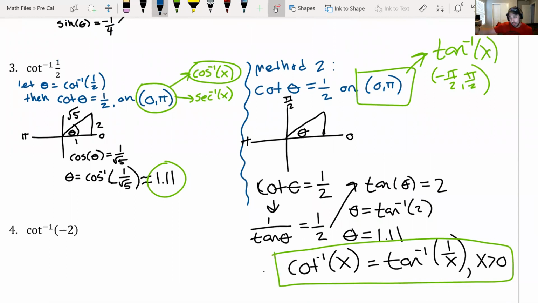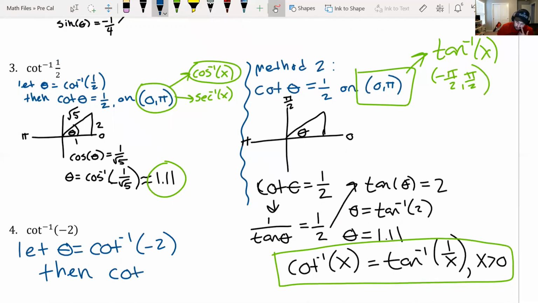The let part, the then part, you know how it goes. So let theta equal the inverse cotangent of -2. Then cotangent theta equals -2. Of course, on the restriction, 0 to pi.